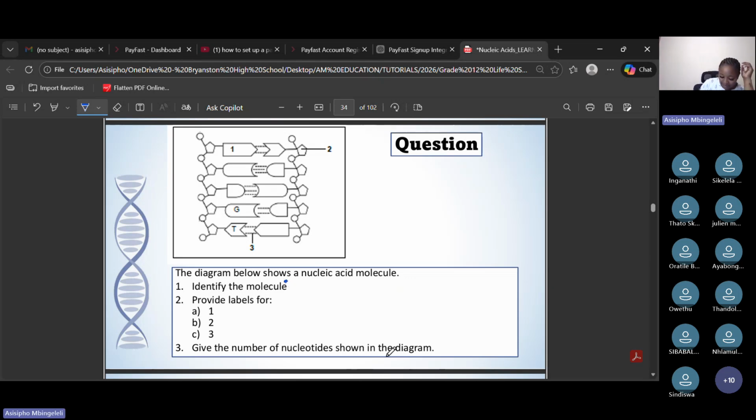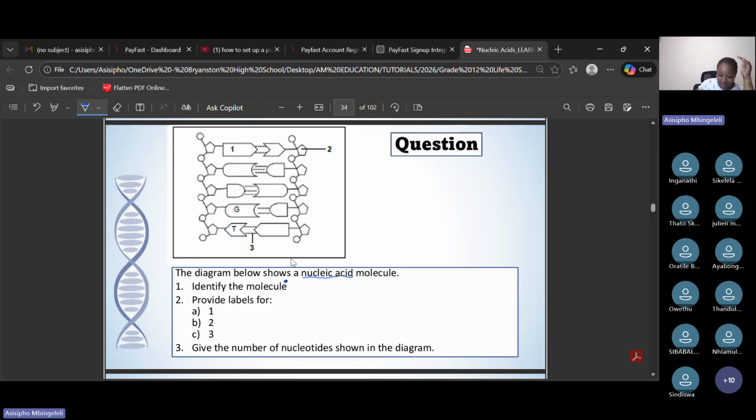They've said that it's a diagram showing a nucleic acid. Ayabonga, please identify the molecule. DNA molecule. Thank you so much.